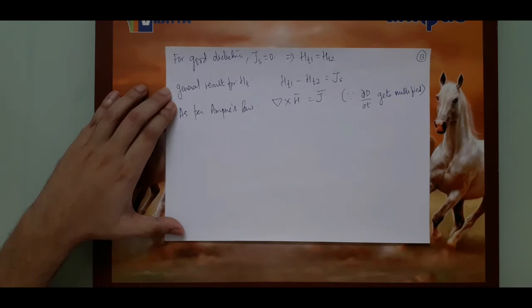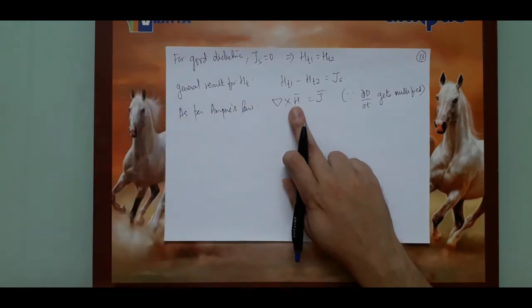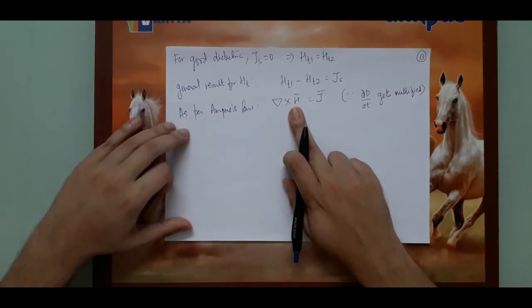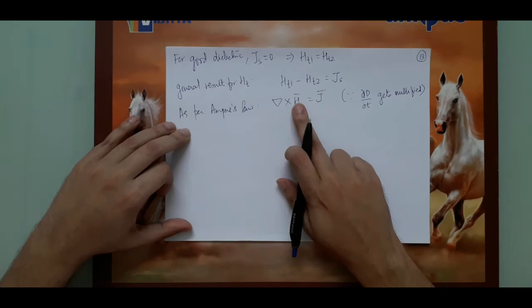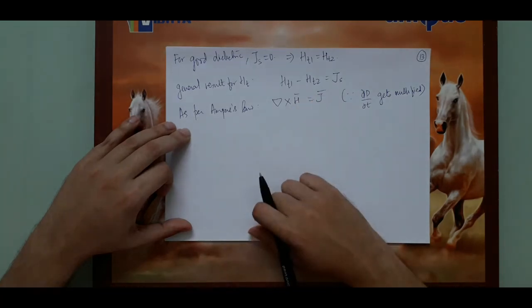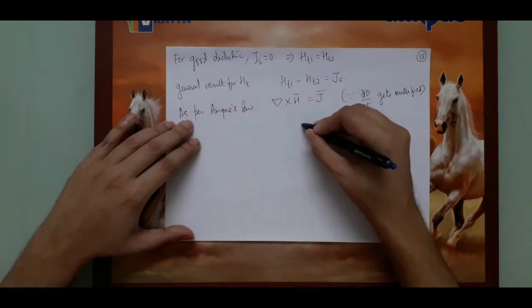So what I can say is that the direction of H and J would essentially be perpendicular to each other. So let us see what this means.